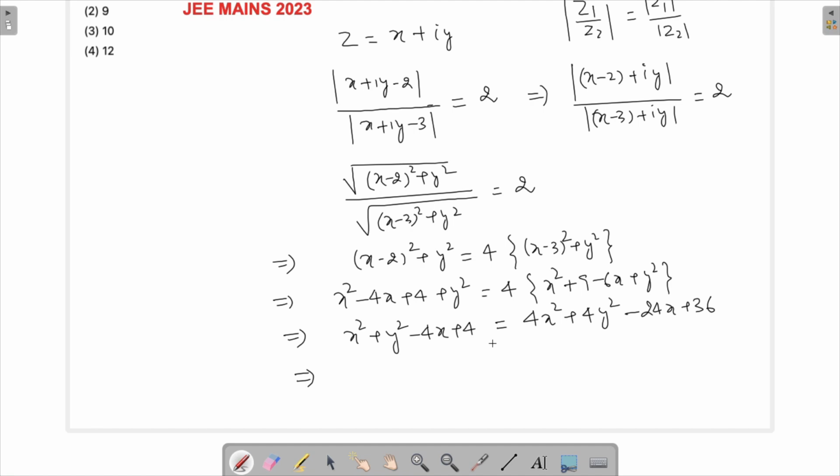So here we will send all these things to the other side. So this will become 3x square plus 3y square, and minus 4x goes that side, this becomes minus 20x, and this becomes plus 32, right? So that is what it will become, equals 0.